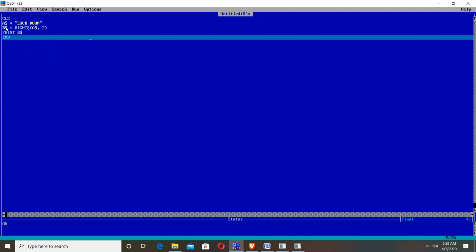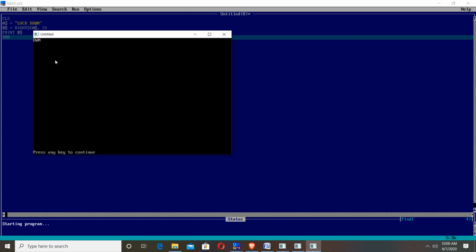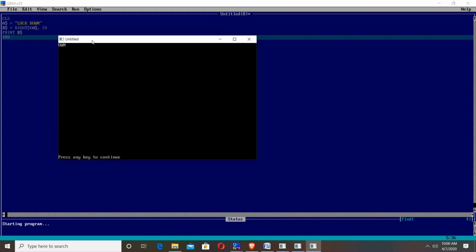And here B$ is used. Why B$? Because it takes characters, and remember, to store characters, we must use the dollar sign. Now let's check the output. Yeah, see here, its output is OWN. OWN means it has taken three characters from the right side of the given string.